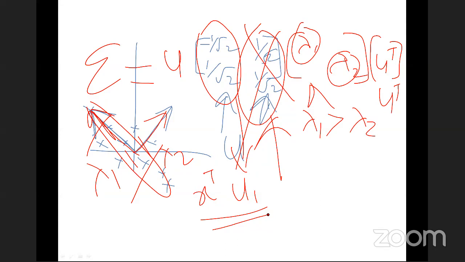Two components, x1 and x2. If I take x transpose u1, I'll get only one component, which is the dot product of x with just the first vector. So I have reduced the dimension from 2 to 1. That is basically as good as saying that I will set lambda 2 to be 0. Any questions?